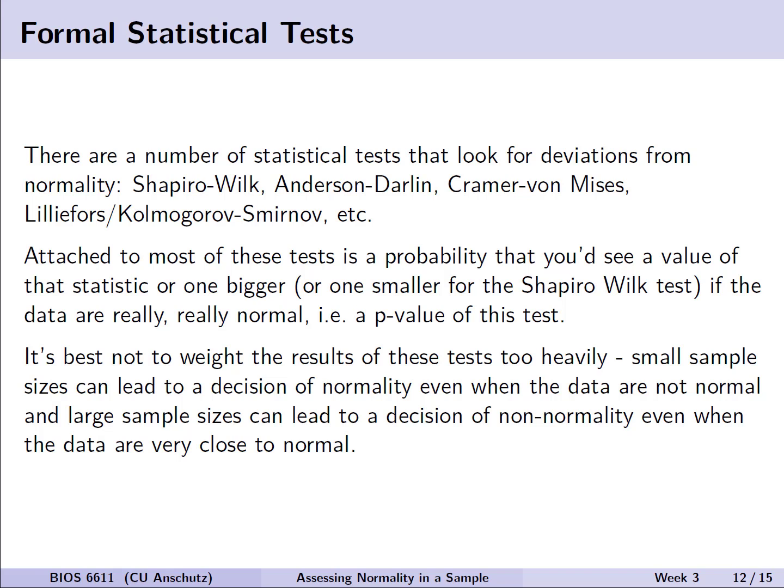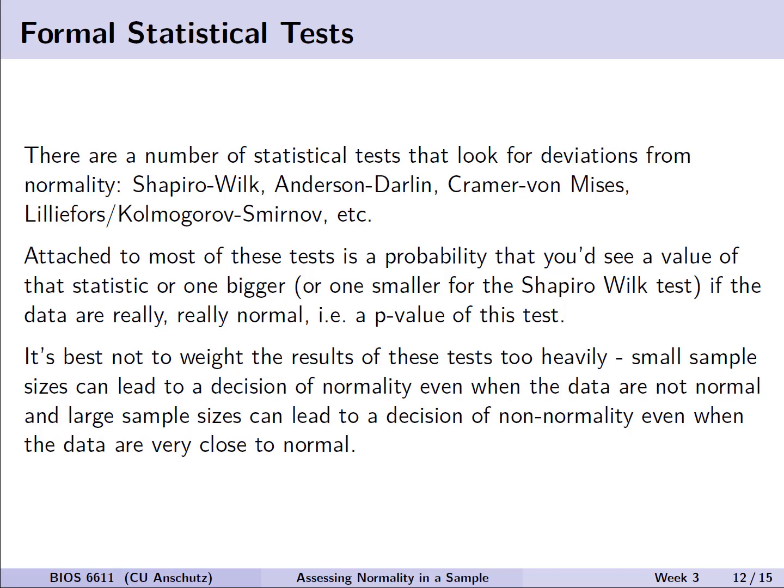So examples of these include the Shapiro-Wilk test, the Anderson-Darling test, Cramer-von Mises, Lilliefors, Kolmogorov-Smirnov, etc. Attached to these tests, or most of these tests, is a probability that you would see a value of the test statistic, or one that is larger for the Anderson-Darling, Cramer-von Mises, Kolmogorov-Smirnov, or for the case of Shapiro-Wilk, a smaller test statistic if the data are truly actually normal, or in other words, the p-value of the test.